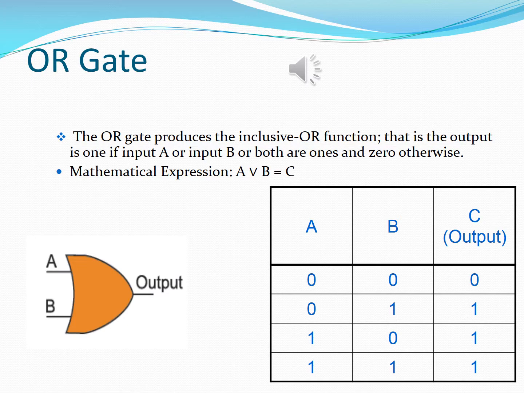The mathematical translation of the OR gate, which has two inputs, is shown below. Looking at the truth table, when we OR 0 and 0 we produce a 0. We OR 0 and 1 we get a 1. 1 OR 0 is 1. 1 OR 1 is 1.